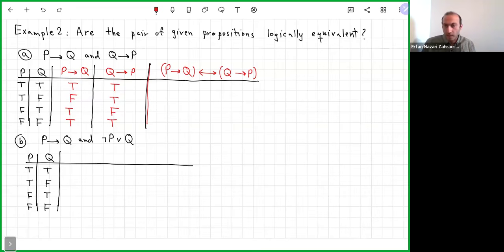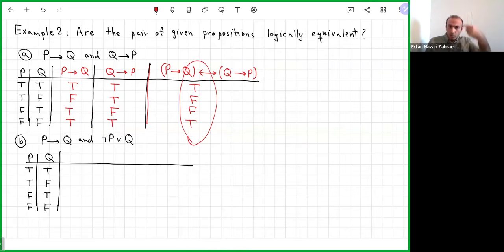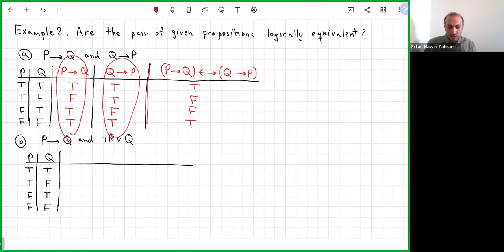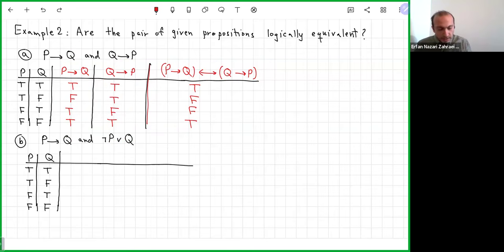If it's not identical, it's false. So it's true here. They are not identical here. It's false here, false here, and true here. And you see that since not all of the column is true, it's not a tautology. Hence, these are not logically equivalent. That's fine if you don't do this last step, and just explain that these two columns are not identical, hence they are not logically equivalent. So that's also fine. So the answer is no, they are not logically equivalent.